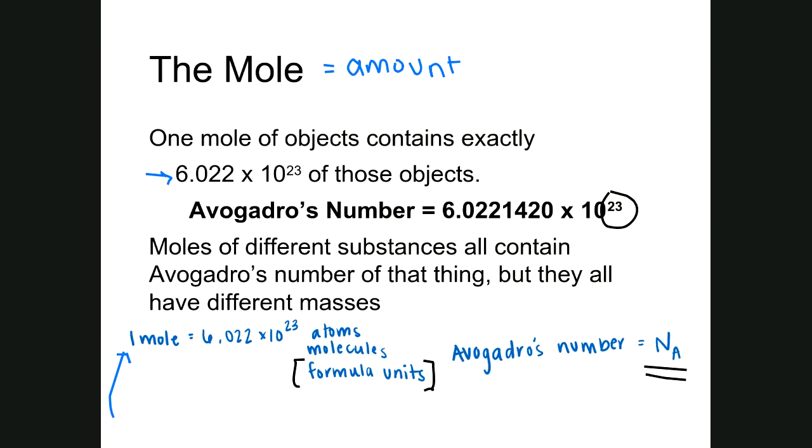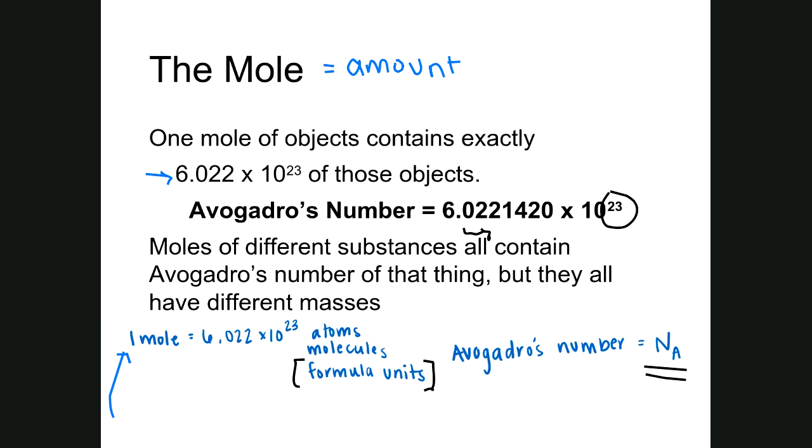So this means we're moving the decimal over 23 places. That's a huge number. When you think about it, it makes sense because atoms are so tiny that we need a lot of them in order for us to actually witness some kind of chemical reaction occurring.